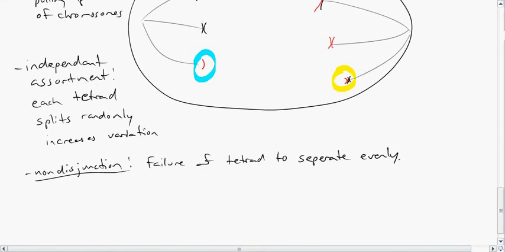And what that's going to result in is eventually, when you have a sperm or an egg, a one-end cell, it's going to have that extra copy over here, and that's going to result in maybe trisomy. If it happens on chromosome 21 in humans, you're going to have trisomy 21 or Down syndrome.